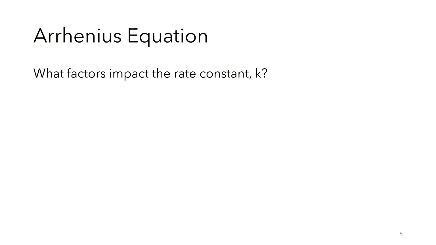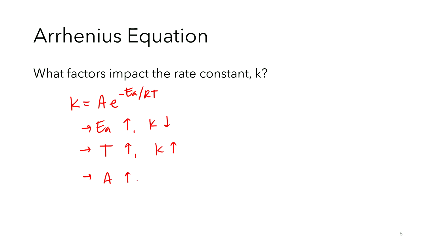I just wanted to remind us real quick, maybe I should have reoriented this, but let's look at the Arrhenius equation. You all should know what factors impact K, okay? EA, we've already said this. EA goes up, K goes down, okay? They're inversely related. Temperature goes up, K goes up.